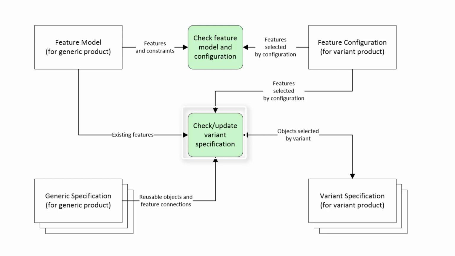Based on the feature model, feature configuration, and the feature connections in generic specifications, it can determine which reusable objects shall be selected in variant specs. Depending on mode of operation, it either just reports which selections do not match the feature configuration, or it actually performs selection automatically in the variant specification.